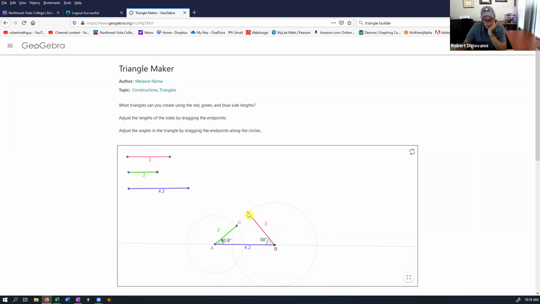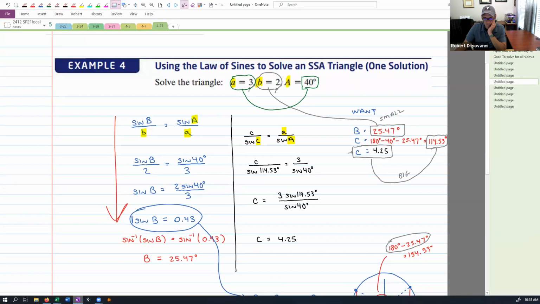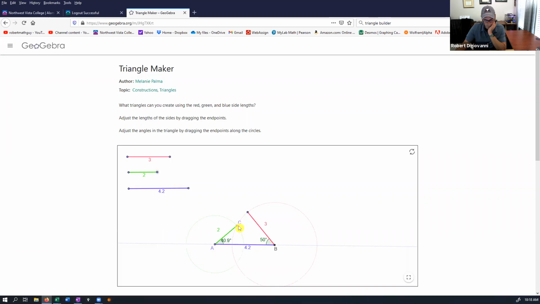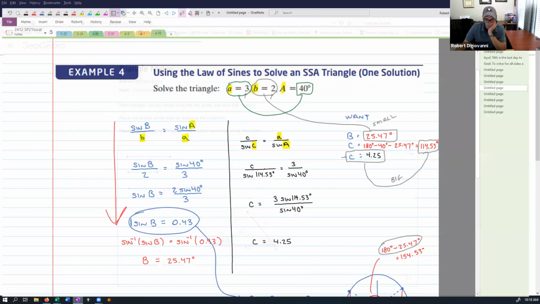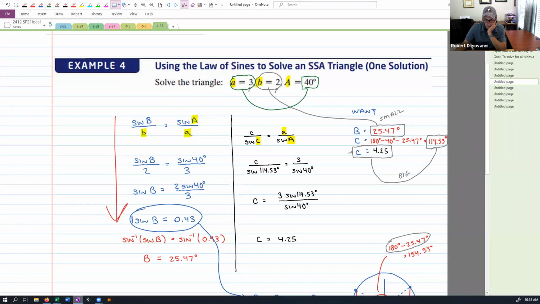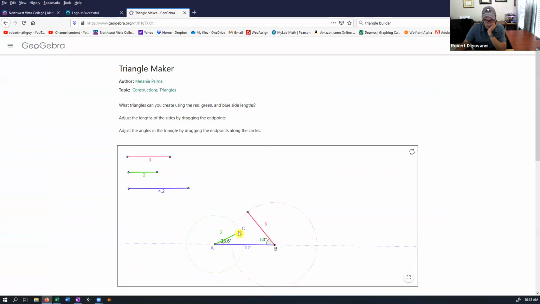And then the angle for A was 25.4. I think it's time for me to call it a day, huh? This was 25.4. Okay, that was what we had.